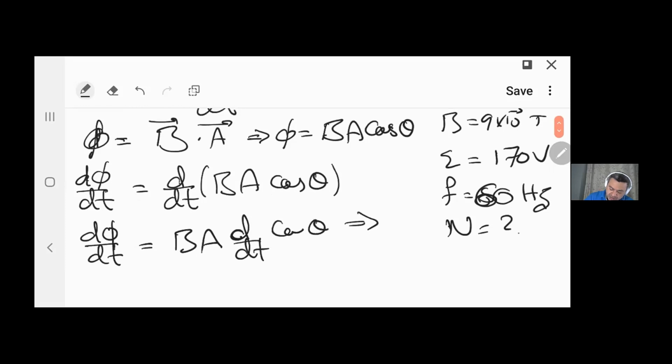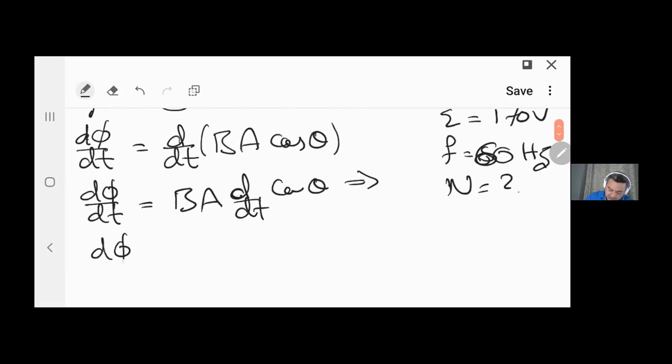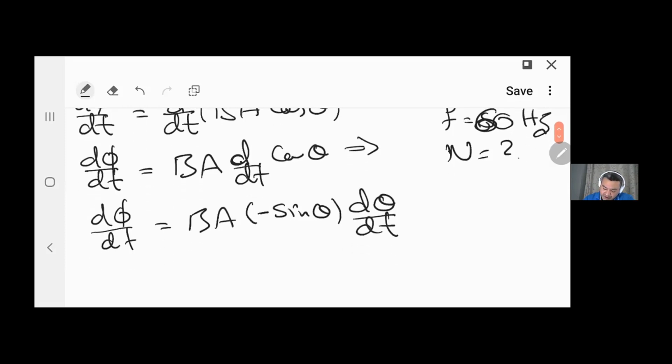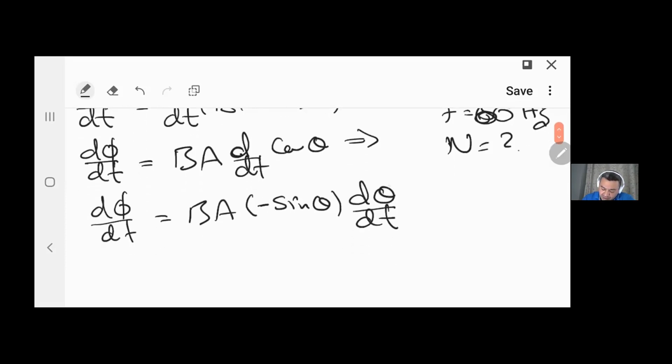This is going to result in d phi over dt equals B A times the derivative of the function, which is minus sine theta d theta over dt. Okay, so now what is d theta over dt?